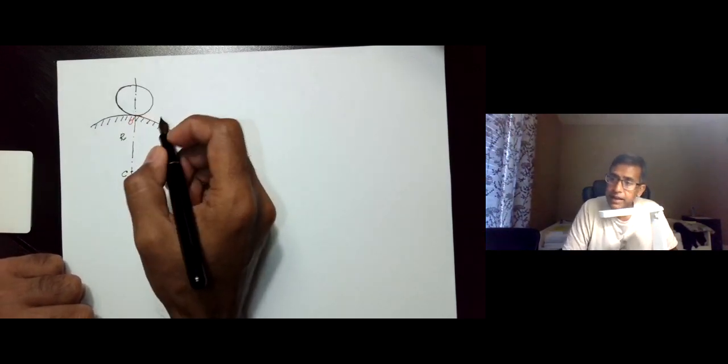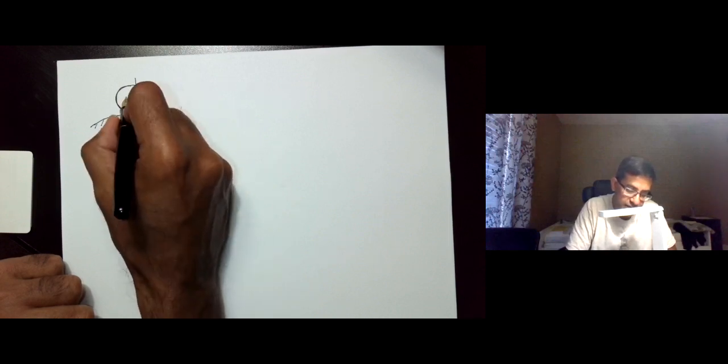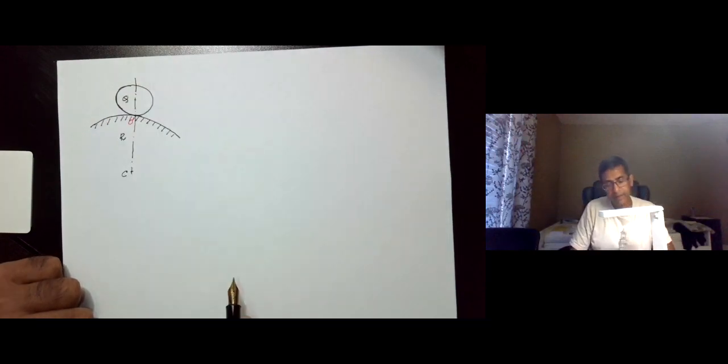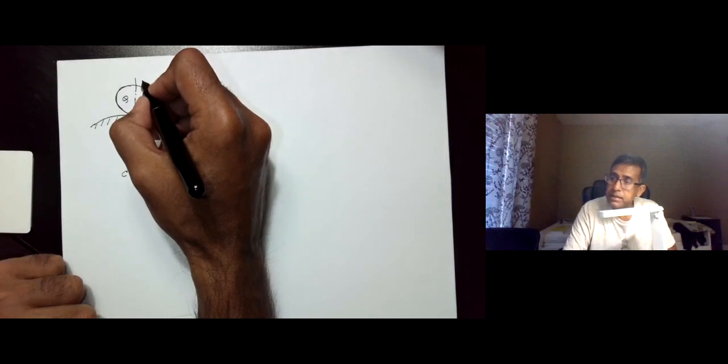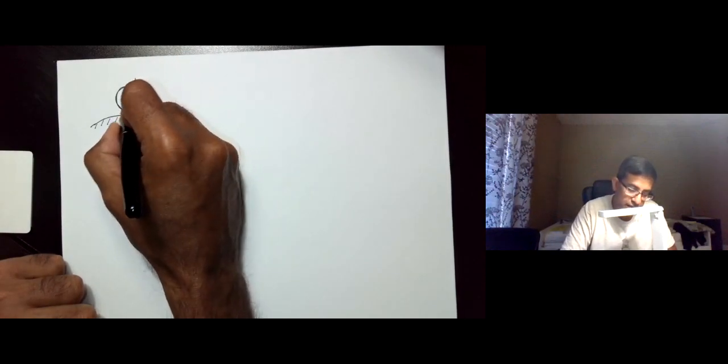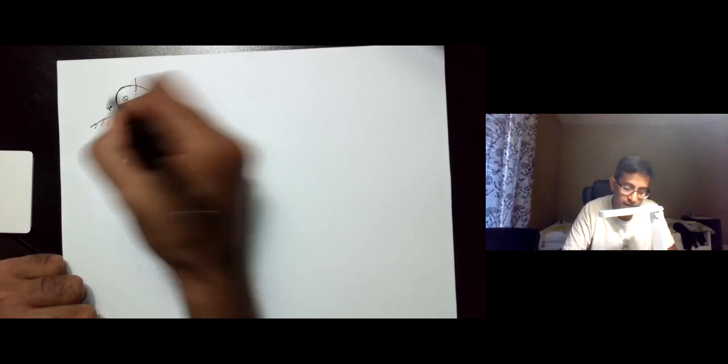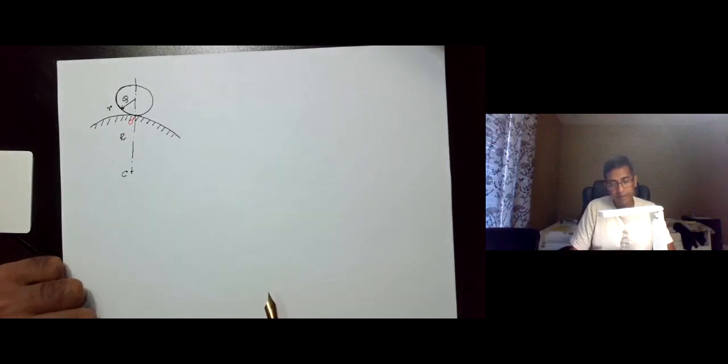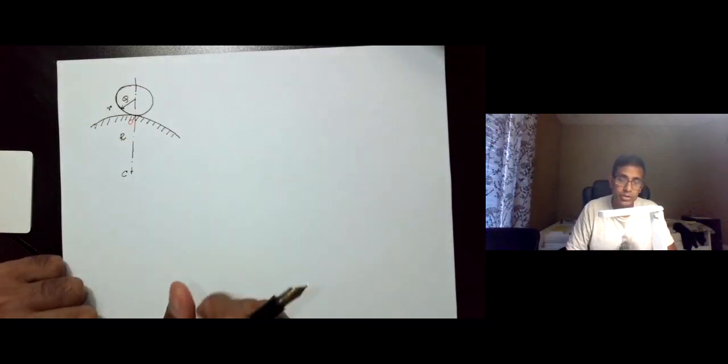Let's say that the center of the disk is Q, and the disk has a radius of r. All right, so this is the motion that is happening.